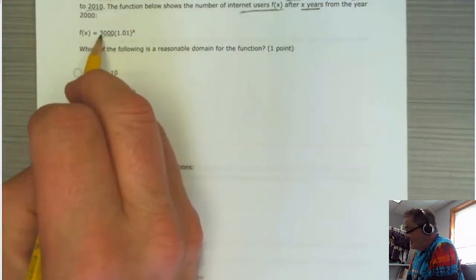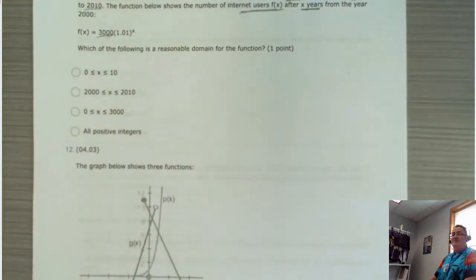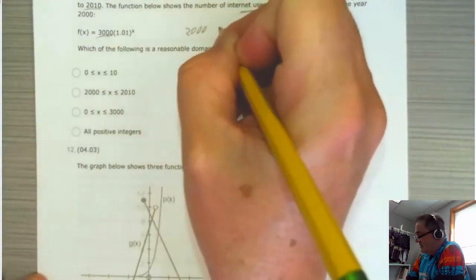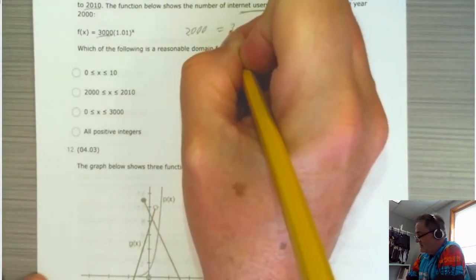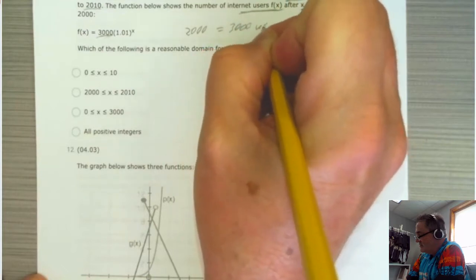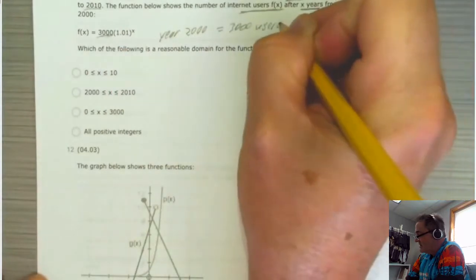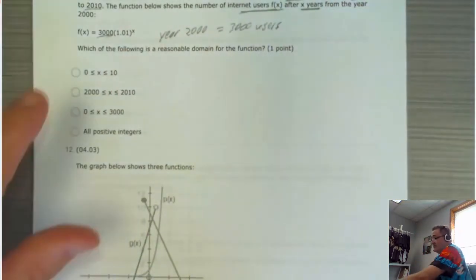So the 3,000 is the starting value before there's any years. So that must be the year 2000. There were 3,000 users. Just so we understand what this is telling us. Okay, and then it grew every year.